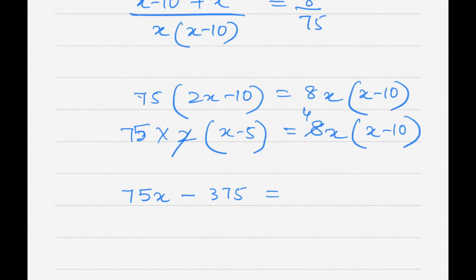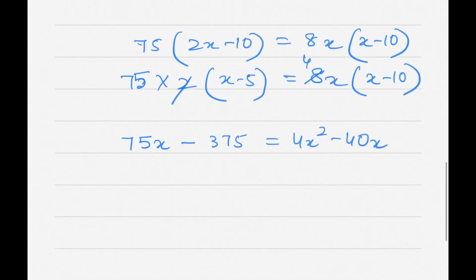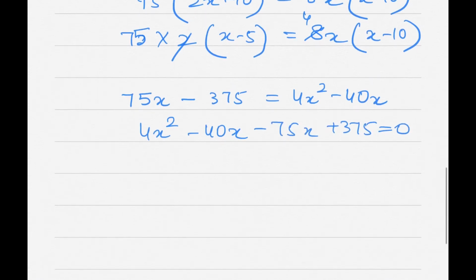Okay, this is equal to 4x square minus 40x, correct? So now I will bring everything to the right hand side. So 4x square minus 40x minus 75x plus 375 is equal to 0. Okay, so 4x square minus 115x plus 375 is equal to 0.